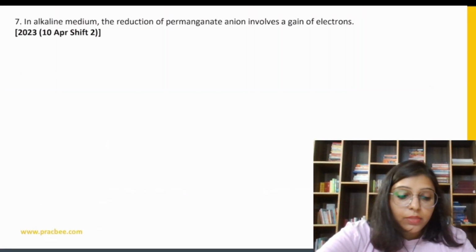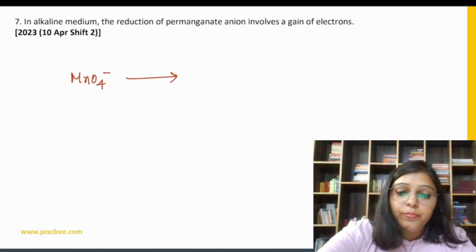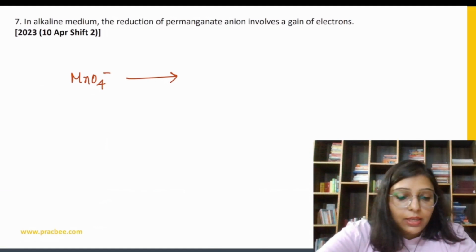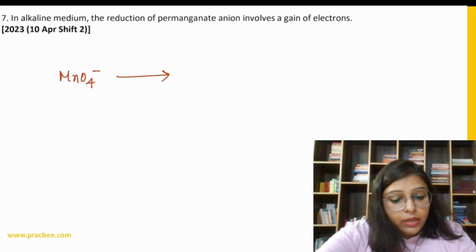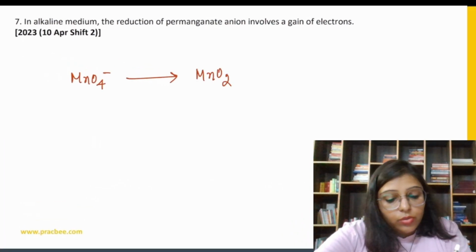In alkaline medium, the reduction of permanganate anion involves a gain of electrons. I have already discussed this. MnO4 minus in basic medium is converted to MnO2. So here x minus 8 is equal to minus 1, so x is equal to +7.